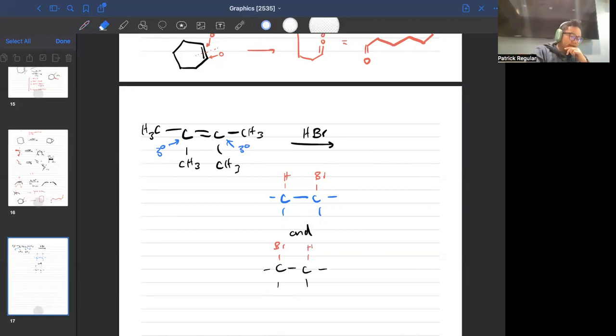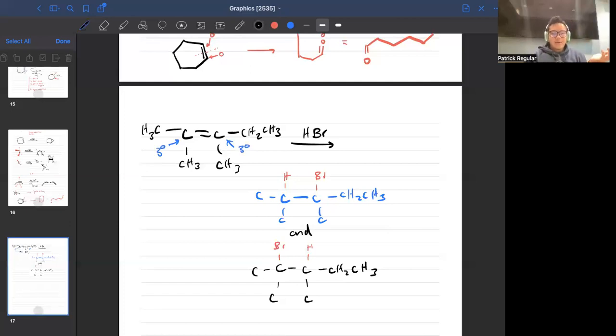What if you had, this was an ethyl group, CH2, CH3. All right, that doesn't change anything. The fact that both of these are tertiary doesn't matter. Those C's are methyl groups. It doesn't matter. A shift doesn't need to happen. They're both tertiary. If both bridgeheads are the same, you get two products.